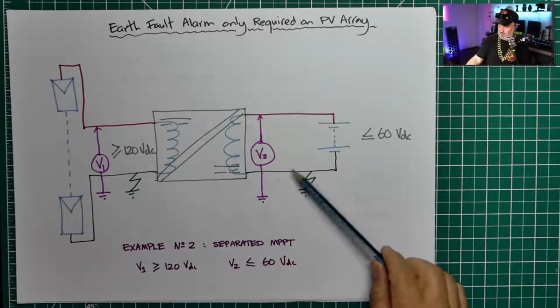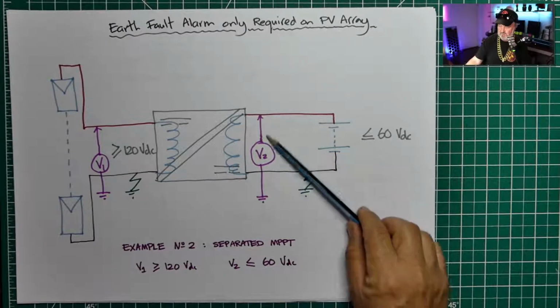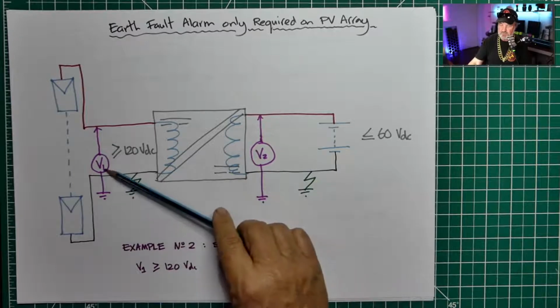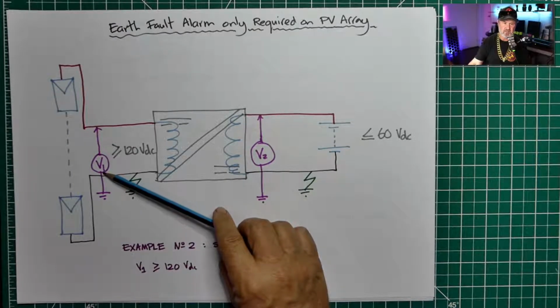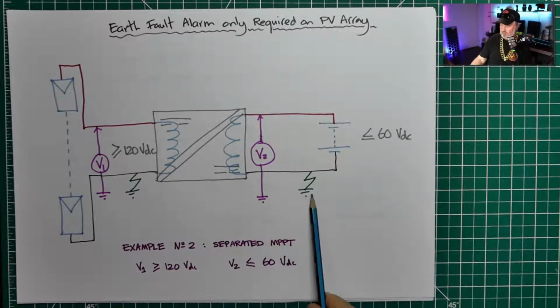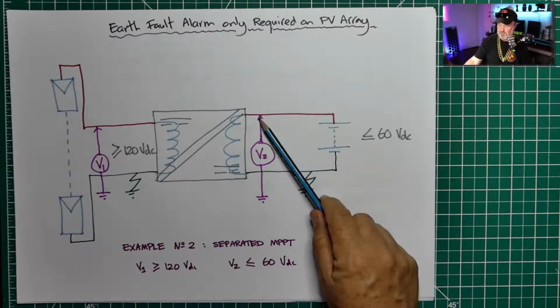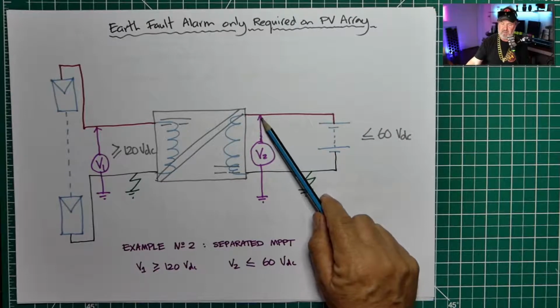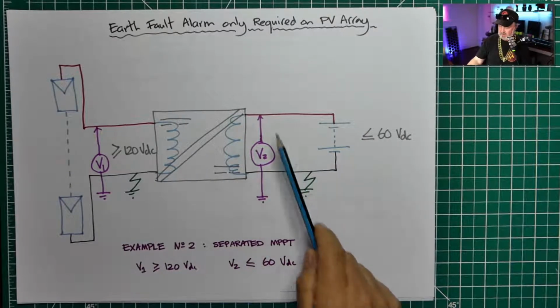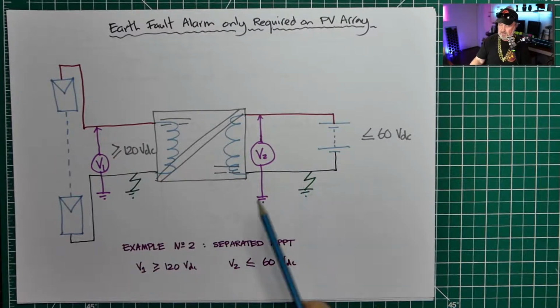And therefore, the battery's voltage determines the voltage at V2 and the PV array voltage at V1. So in this case, if we have an earth fault on this side, we're not going to see a high voltage or the PV array voltage appear on the battery port. We're only going to see the maximum voltage of the battery.